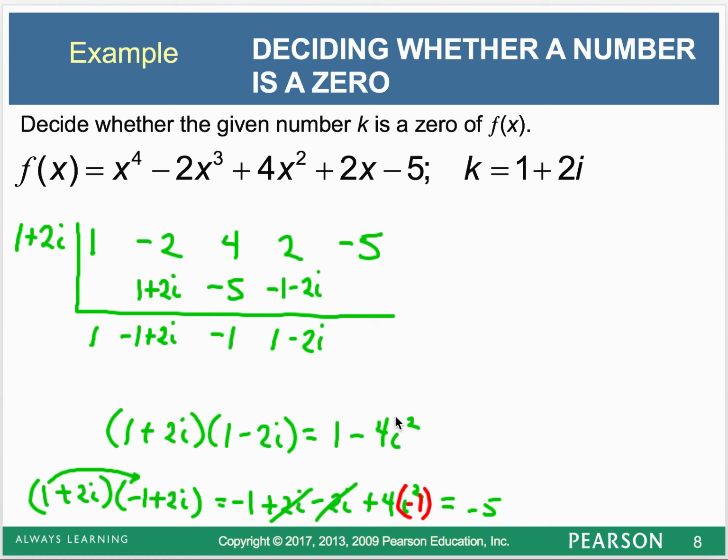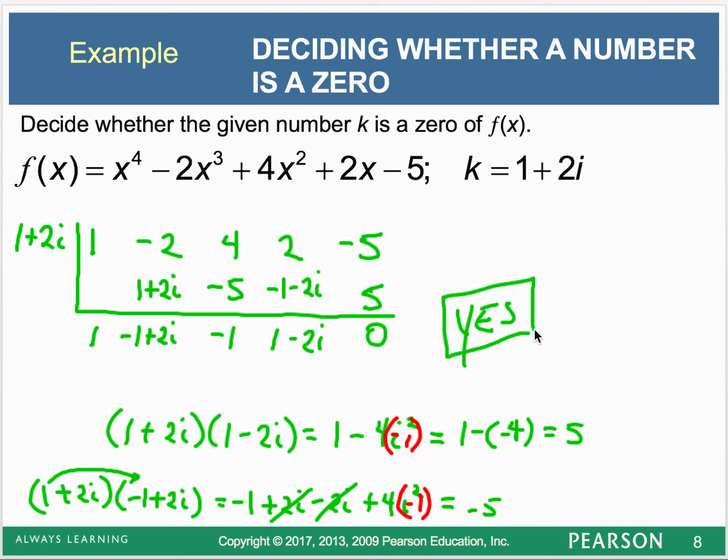But every time we get an i squared, it's -1. So this is really 1 minus negative 4, because I got a negative 4 right here times a negative 1. So 1 plus 4 or 5 again. Oh, and add them together? Yes. Look at that. We found even a complex solution using this synthetic division.